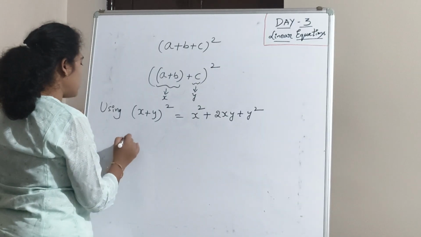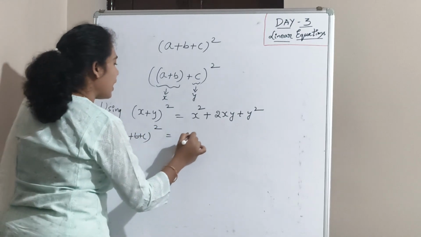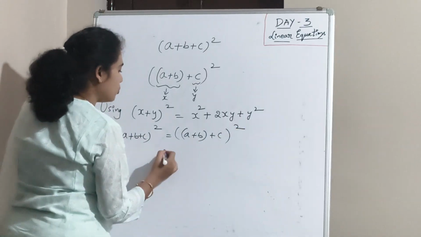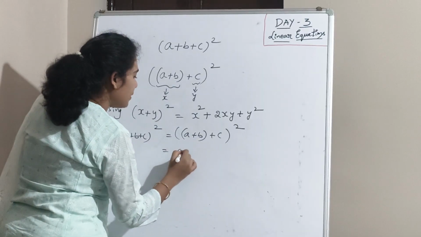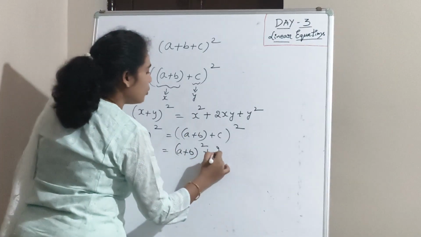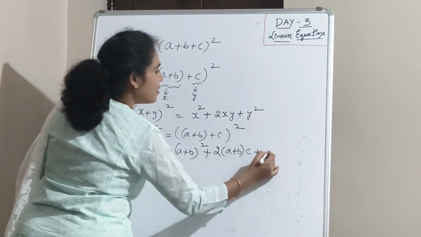So, a plus b is considered as x: (a plus b) whole square plus 2xy, 2 into (a plus b) into c, plus c square.